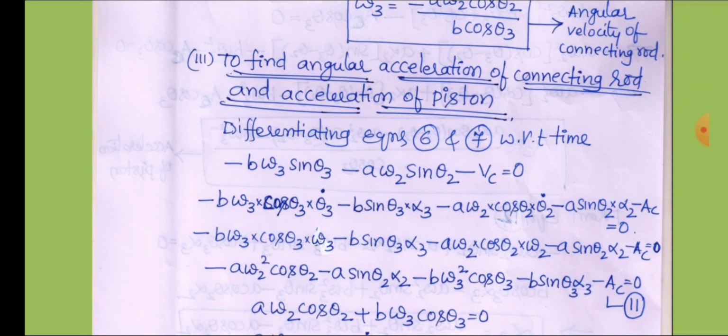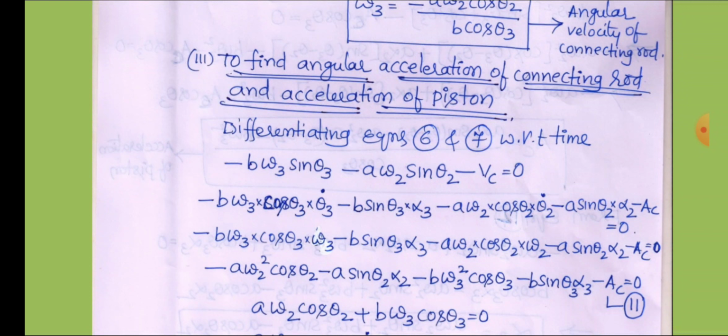So therefore u into differentiation of v plus v into differentiation of u. Like that you must do it. So minus b, u as it is, then differentiation of v, sin theta 3, means plus cos theta 3 into d by dt of theta 3, which is theta 3 dash. So therefore minus b omega 3 cos theta 3 into theta 3 dash.